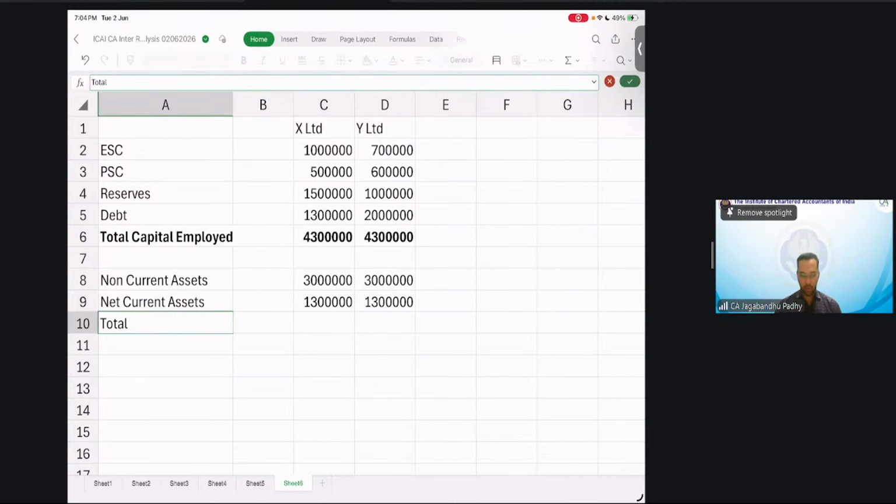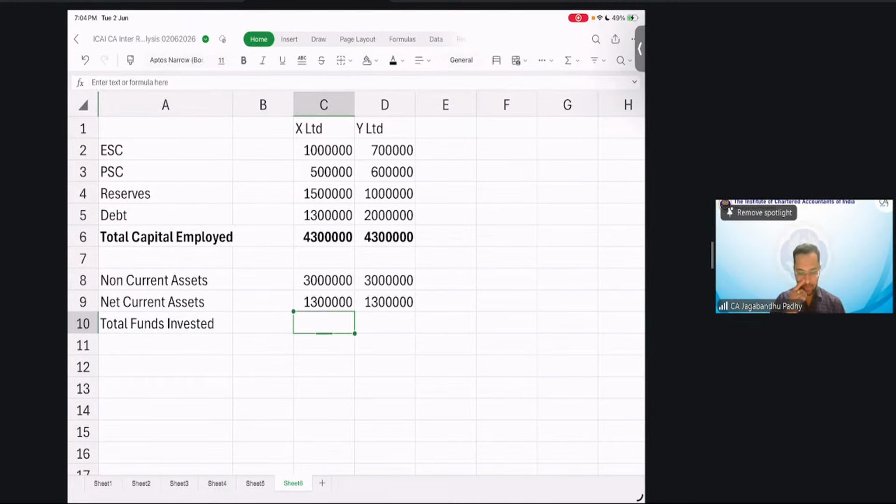Then we have total funds invested. Total funds invested is 43 lakhs. Right, so total funds invested is 43 lakhs. Okay. Total funds invested, we are having 43 lakhs, correct?